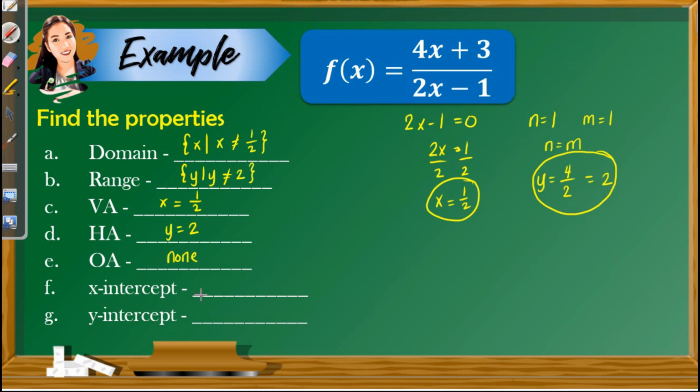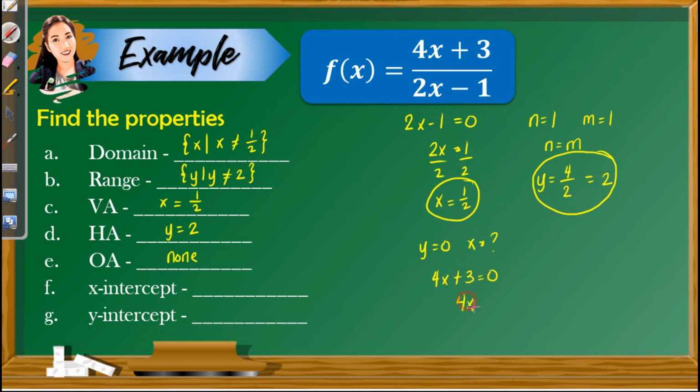How about the x-intercept? To find the x-intercept, we need to let y be 0. And here, we will be able to find the x value. The y in the function is f of x, so we put 0 here, and then simply equate the numerator to it. So we have 4x plus 3 is equal to 0.